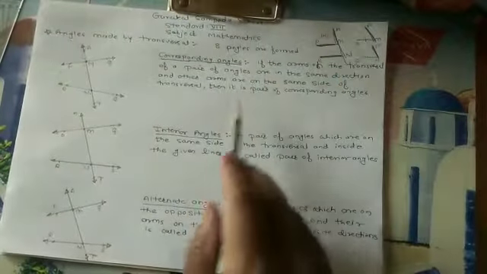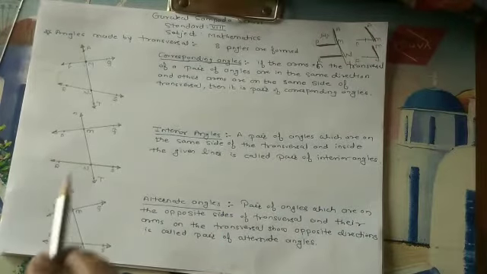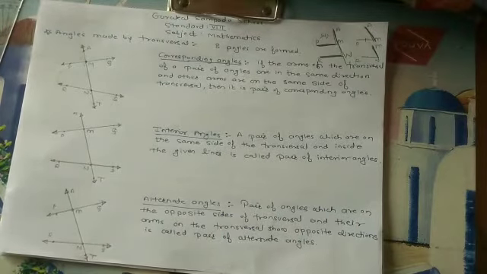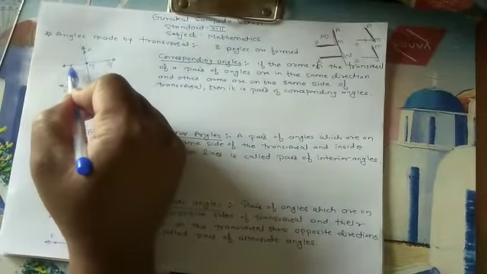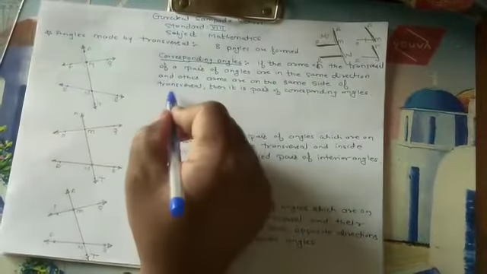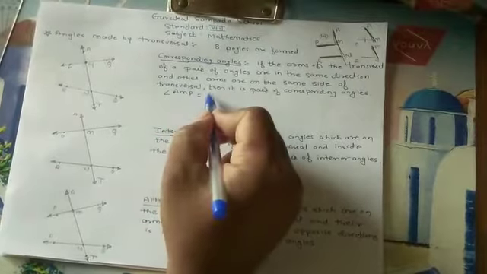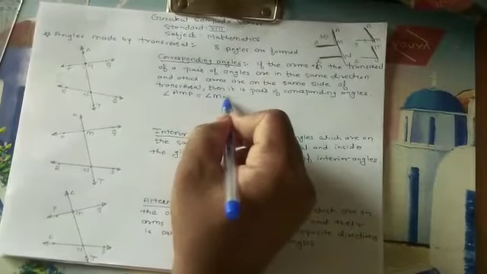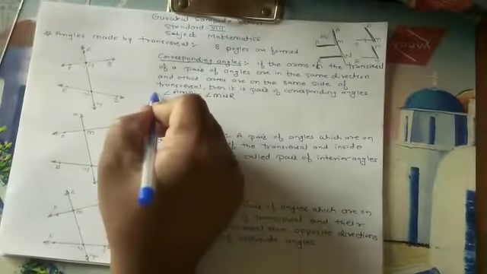Such angles are called corresponding angles. Here I am showing you. Observe angle AMP and angle MNR. Angle AMP is equal to angle MNR, because corresponding angles are equal. This is the first pair.